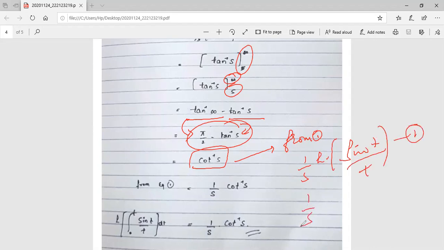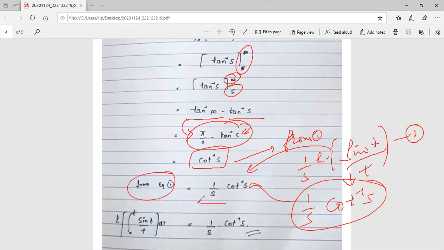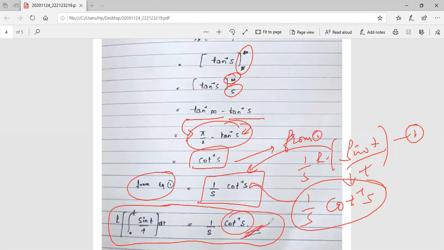So we will get cot inverse of s, and your final resultant answer is: the Laplace transform of the integral from 0 to t of sin t by t dt is equal to 1 by s into cot inverse of s.